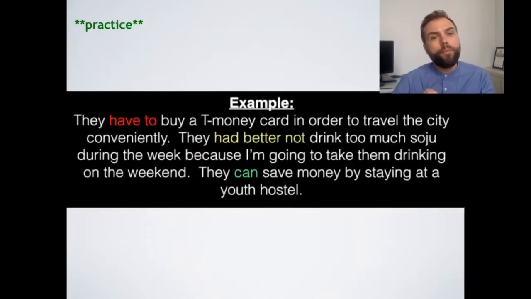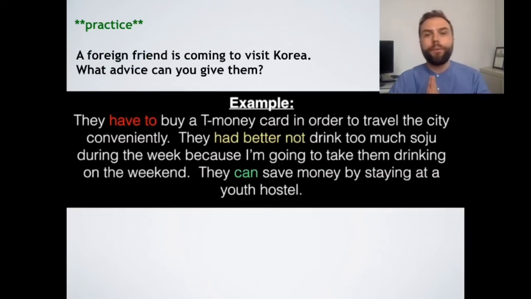The example that was included in the video: they have to buy a T-money card in order to travel the city conveniently. They had better not drink too much soju during the week because I'm going to take them drinking on the weekend. They can save money by staying at a youth hostel. So that was the example. Here's the task. A foreign friend is coming to visit Korea.